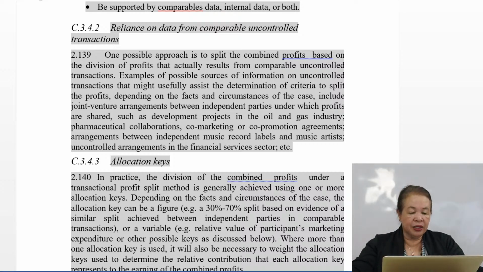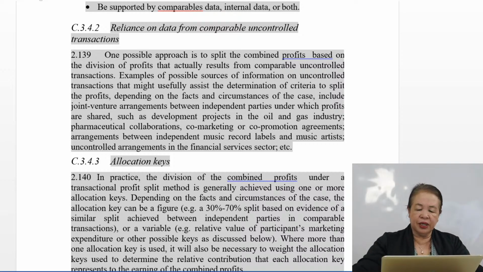So relative value of participants, marketing expenditure, or other possible case as discussed below. So where more than one allocation case is used, it will also be necessary to weight the allocation case used to determine the relative contribution that its allocation case represents to the earning of the combined profit, no?